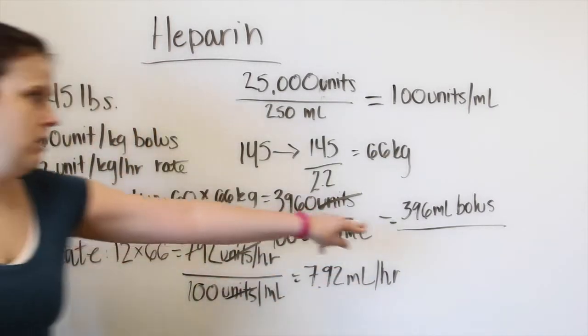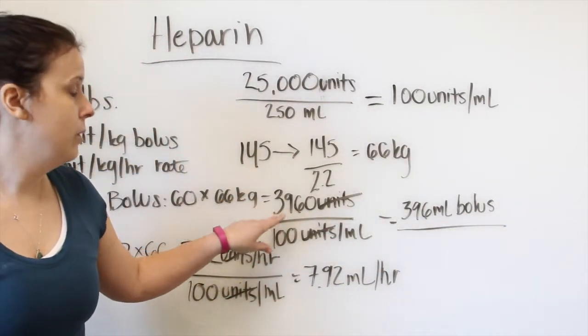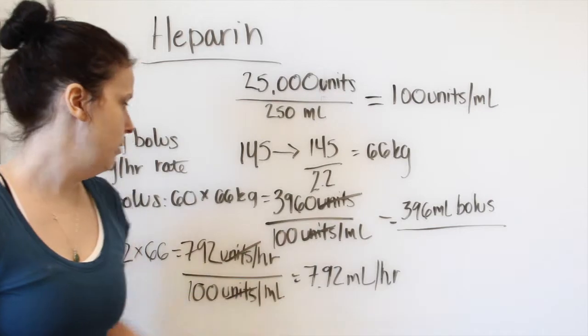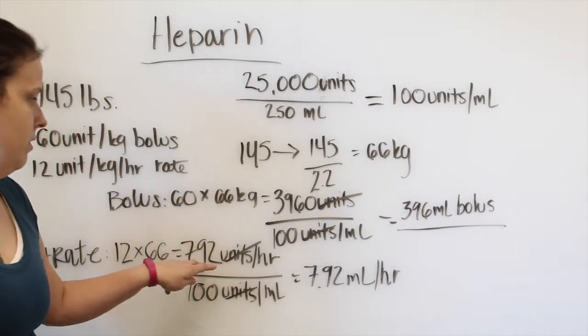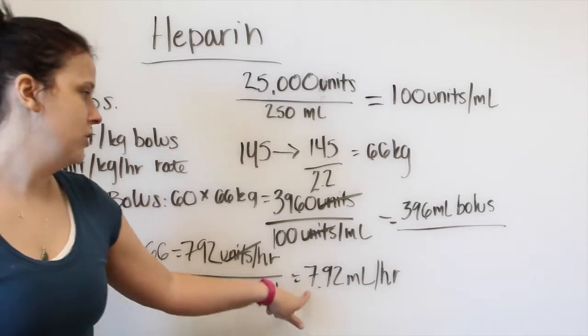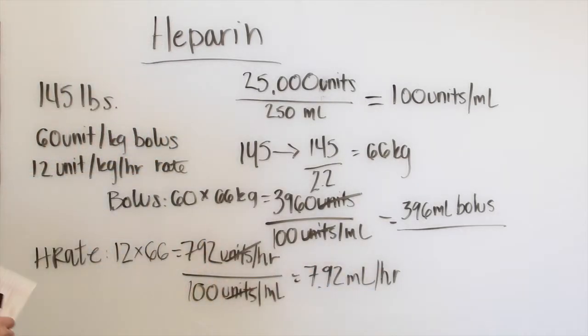So our patient is going to get 396 milliliter bolus containing 3,960 units, and then per hour after that they're going to get 792 units per hour, which calculates out to be 7.92 milliliters per hour.